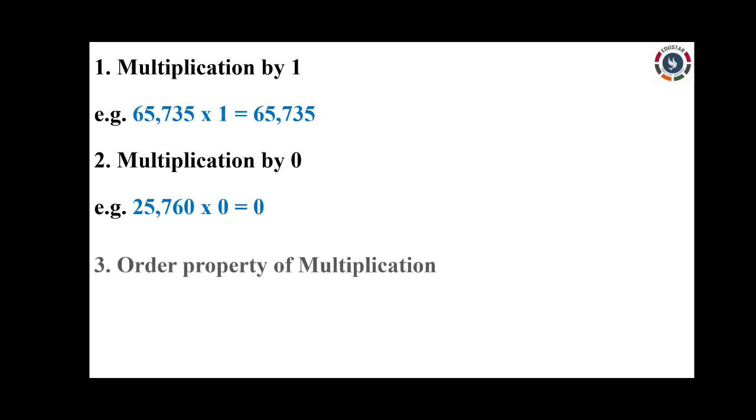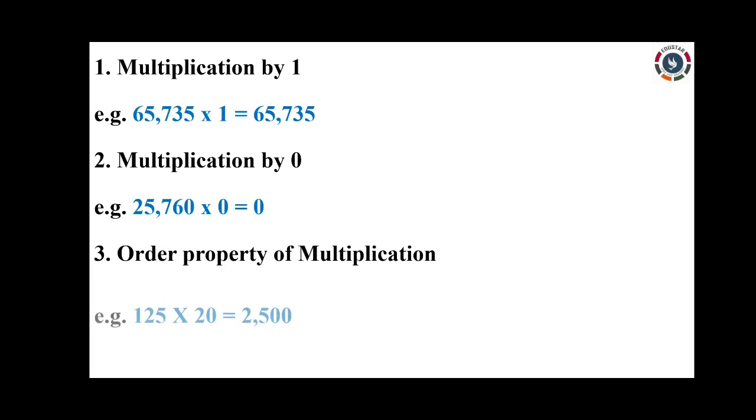Third property, order property of multiplication. Can you remember? We have already seen the order property in addition. In addition, we can change the order of the number. Like the same way, we can change the order of the number in multiplication also.